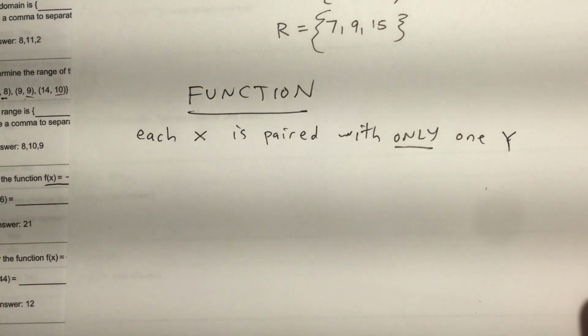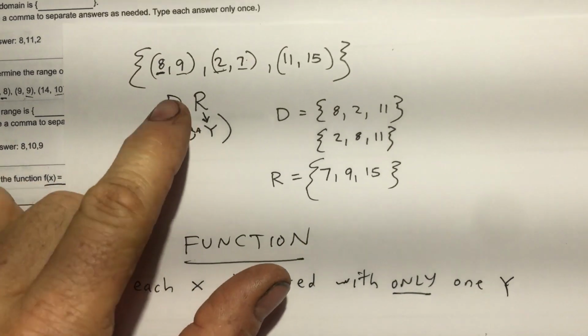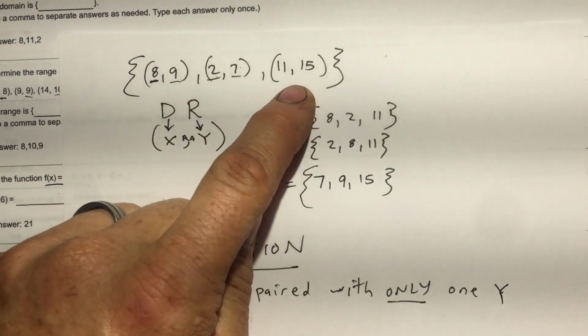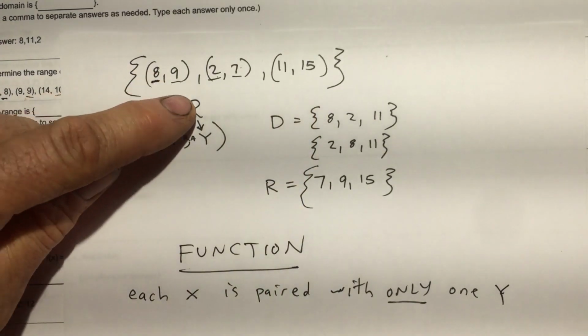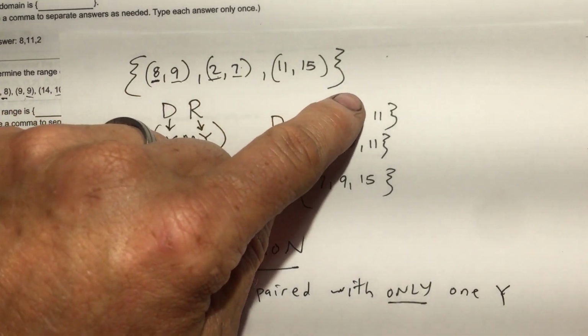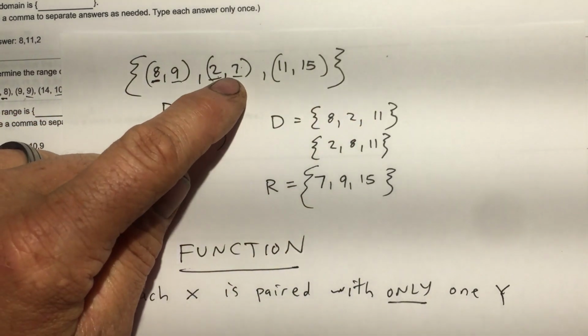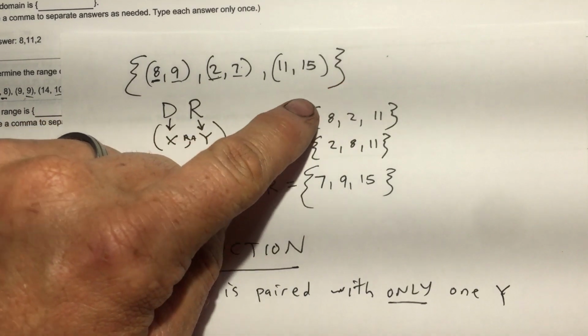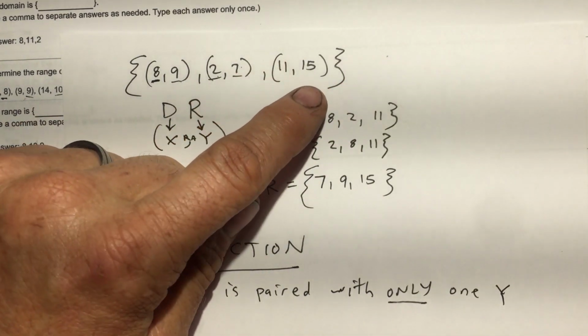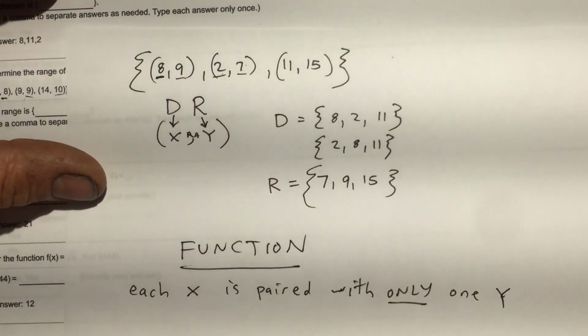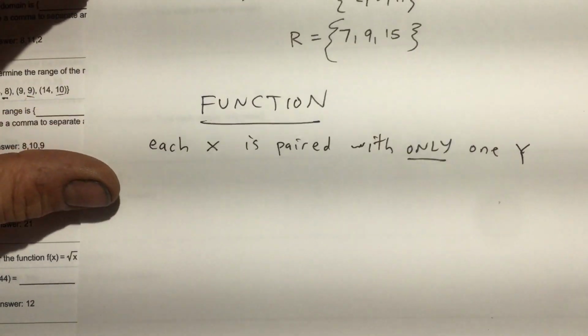Each x is paired with only one y value. So if you look at this right here, this is a function. Because see, you have 8 paired up with 9, and 8's not paired up to anything else. 2 is paired up to 7, and I don't see 2 paired up with anything else. And then 11 is paired up only with 15. So this is a function.